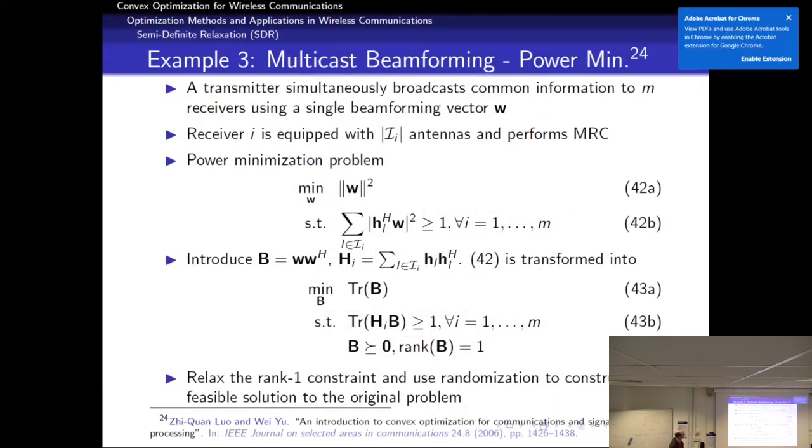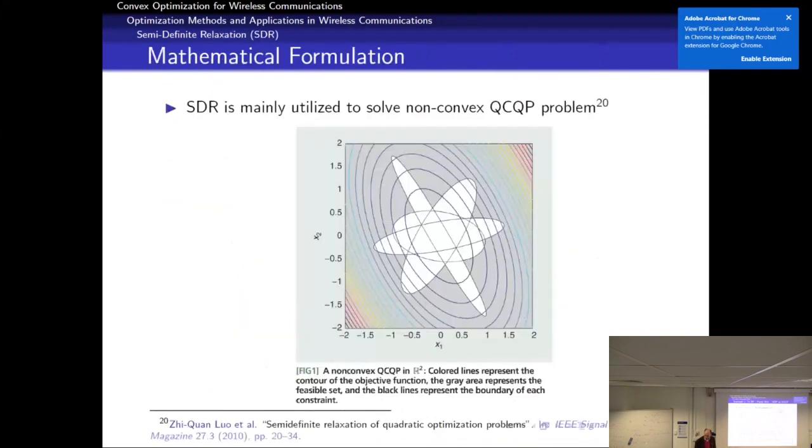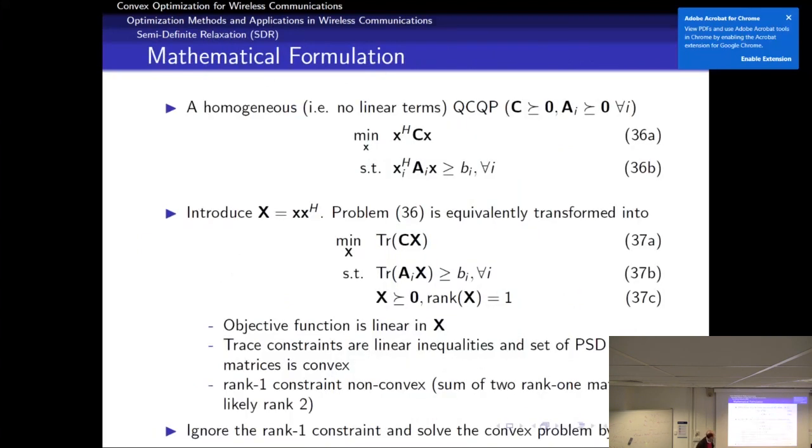Okay, so let me give you another example of SDR. Now, multicast beamforming is maybe the primary motivation of using SDR in communication, and is a very well-known example. This is very reminiscent of what we have when we do multicast transmission. Multicast transmission is not the same as the example I had here, because there I assumed every time you transmit one independent stream for each user.